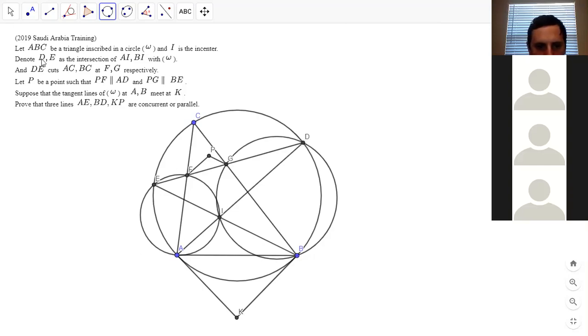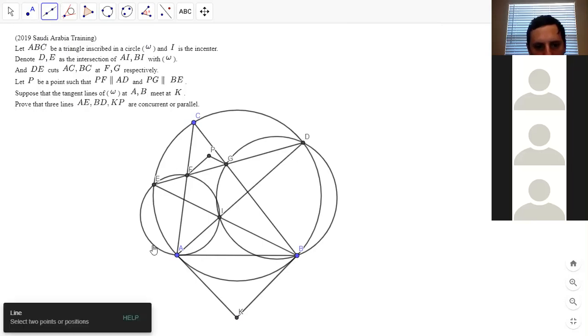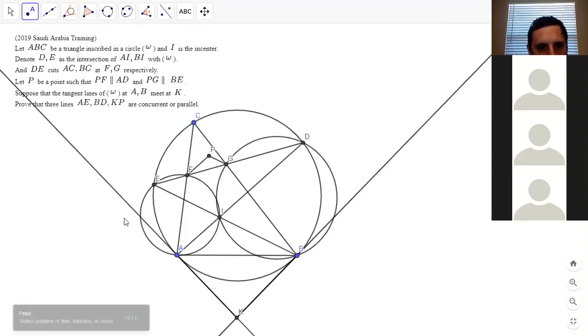I think I can prove that K lies on the radical axis of those two circles. Yeah, I have seen this configuration before, and K does lie on the radical axis. Okay. How do you prove it? Yeah, you can just label the intersection of KA with the circle. Yeah, that circle right there.